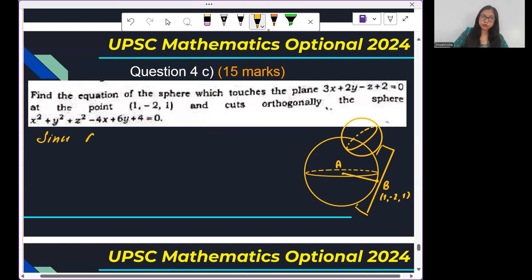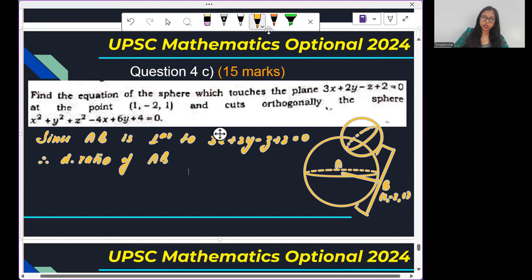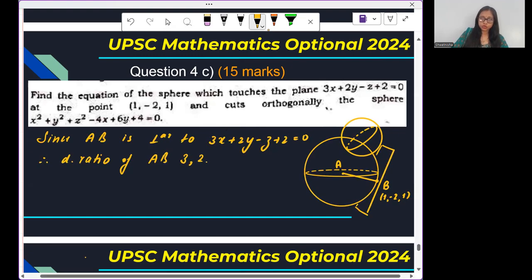Since AB is perpendicular to 3x + 2y - z + 2 = 0, therefore the direction ratio of AB can be taken as 3, 2 and -1, the coefficients of x, y, z. It implies the equation of AB. What is the equation of AB?